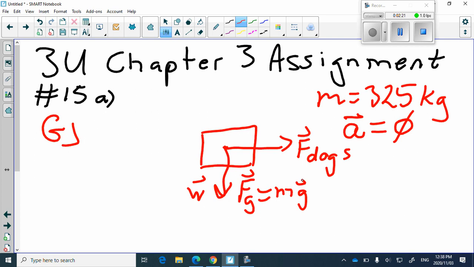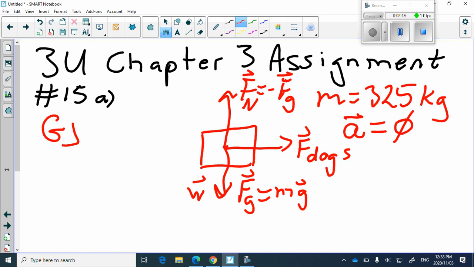Since this is a horizontal surface and the object is not crashing through the snow, there must be a normal force that's supporting the sled. And that normal force, by definition of this horizontal surface, is equal in magnitude, but opposite in direction to the force of gravity.